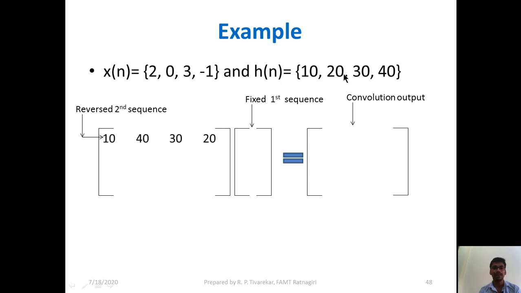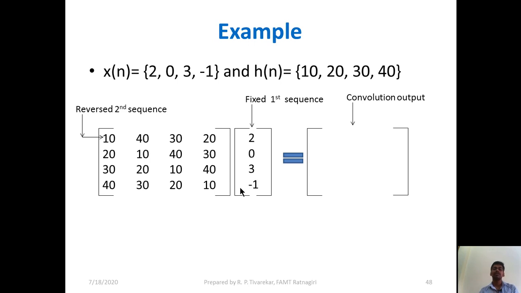So I'll write it by shifting the last sample to the first place and shifting all other samples towards the right. This is a time shift, circular time shift, if you remember. Another circular time shift, 30 will come here and the rest of the samples towards the right. Another time shift. And in the second matrix, a vector which is the fixed input sequence 2, 0, 3, minus 1. Now if I multiply this, I will have the output like this.